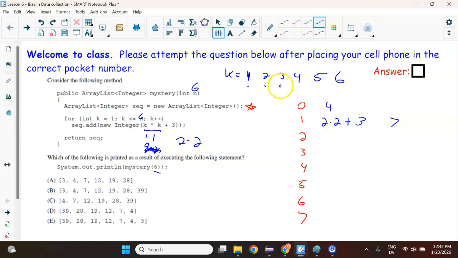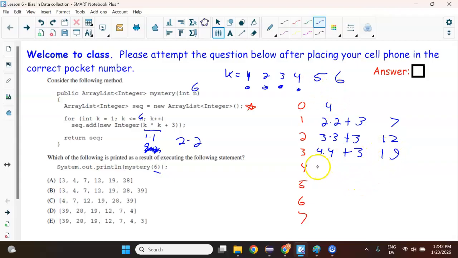And now k is 3. These indexes are off 1 from what k is here. But anyways, k is now 3. So 3 times 3 plus 3, I believe that's going to be 12. And now k is 4. So 4 times 4 plus 3, I think this one is 19.